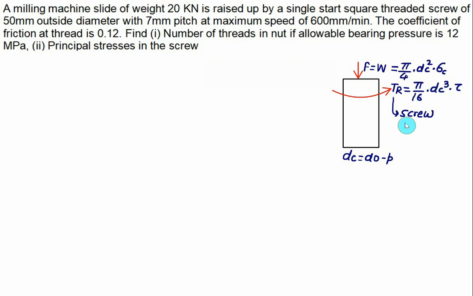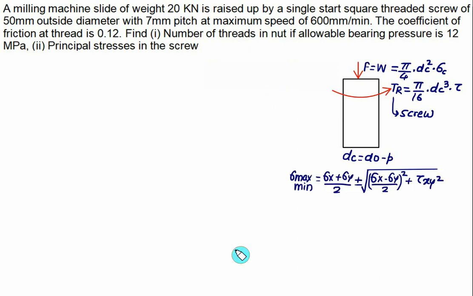We require dc, dm, the number of threads, and the principal stresses. Principal stress can be calculated as sigma x plus sigma y by 2, where sigma x will be 0 and sigma y is the compressive stress, a negative value, plus or minus the square root of ((sigma x minus sigma y) by 2) whole square plus tau xy square.